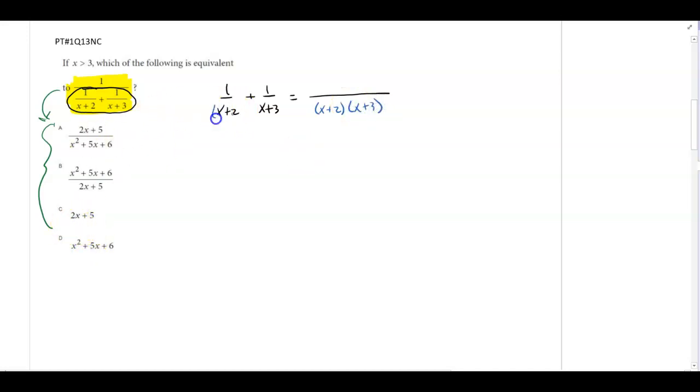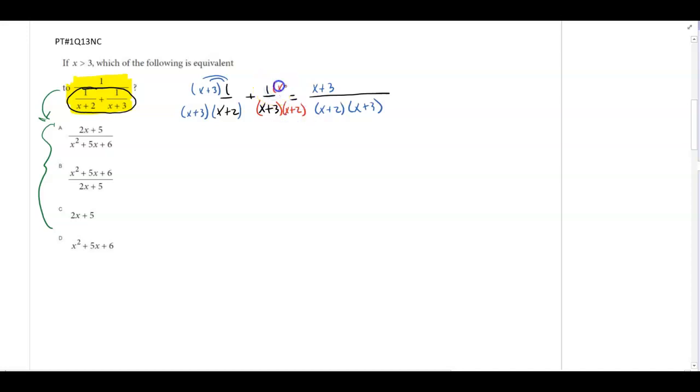Now, to make this denominator equivalent to that, what do I have to multiply numerator and denominator by here? It's missing the x plus 3, so I'm going to multiply numerator and denominator by x plus 3, and I'll distribute that 1 to get x plus 3. What am I missing in this denominator? x plus 2.